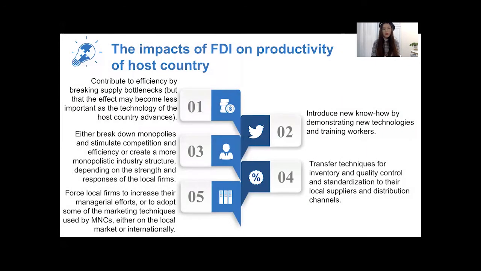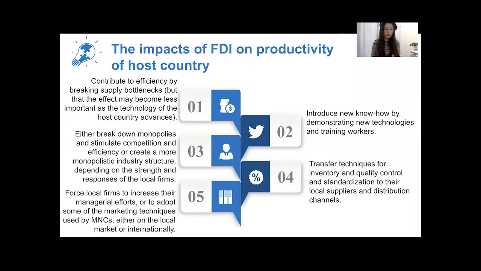There are 5 impacts of FDI on productivity of the host country. First, it may contribute to efficiency by breaking supply bottlenecks. Second, it may introduce new know-how by demonstrating new technologies and training workers.